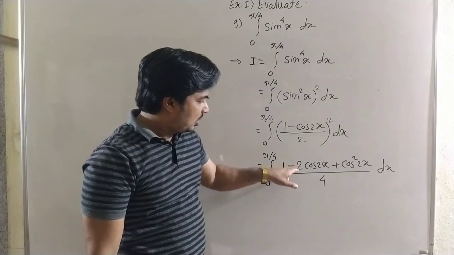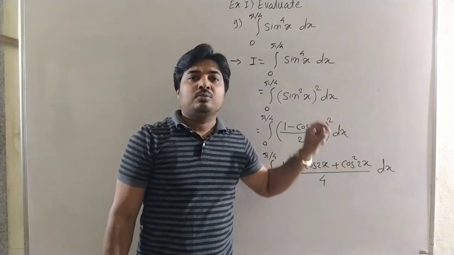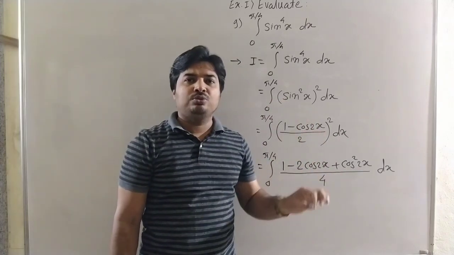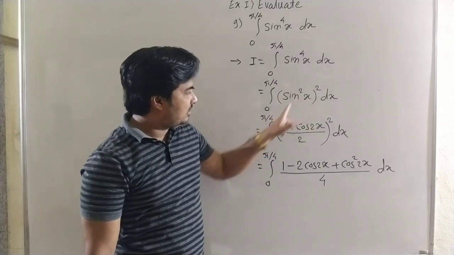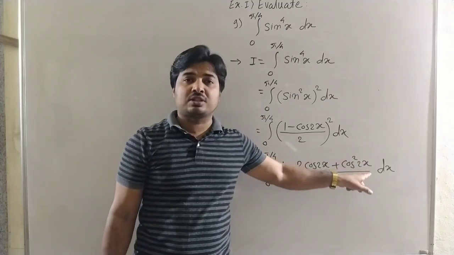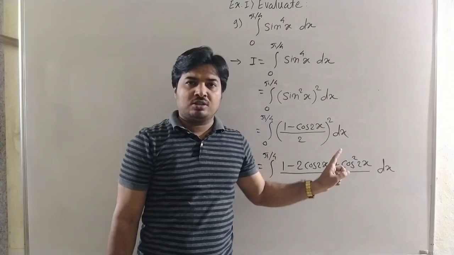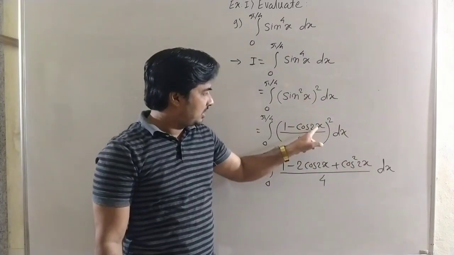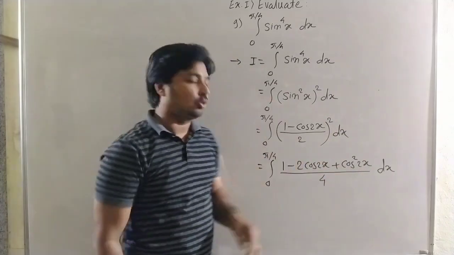It is 1, minus 2 cos 2x, and again here it is cos square 2x. Again for finding the integral of cos square x, we use the formula for cos square x, like sin square x. Sin square x is equal to 1 minus cos 2x upon 2, but here cos square 2x, so the formula is 1 plus cos 4x upon 2. Here it is 2x, so in the formula we write 4x.